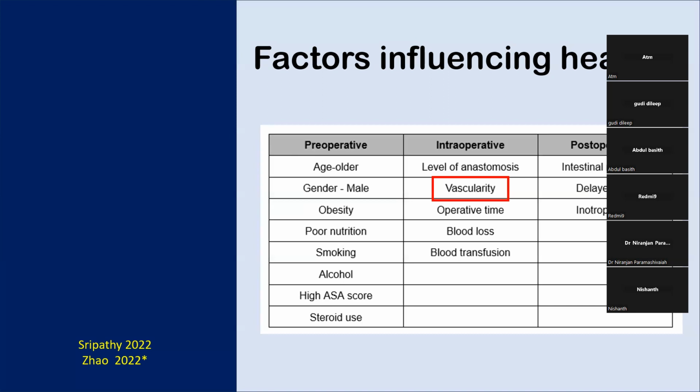So the area that is supplied by the major branch that is coming through. Correct. So you have to know which branch of either the SMA on the right colon or the IMA in the left colon you are sacrificing, and how do you decide which one you're sacrificing? So that depends on the site that we are looking into.